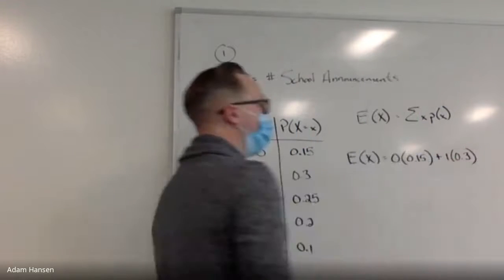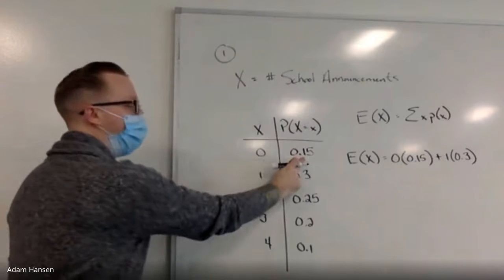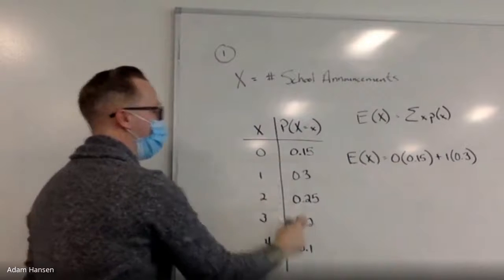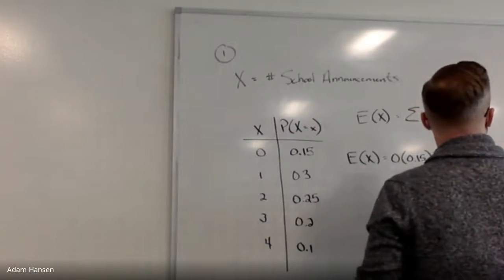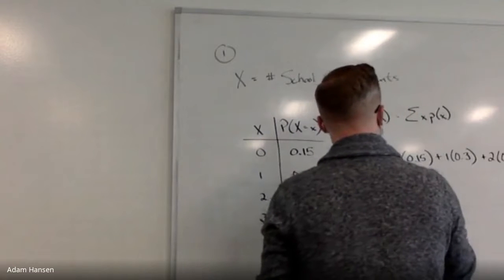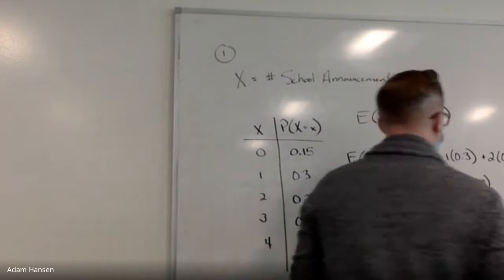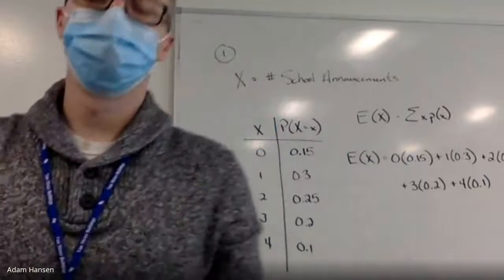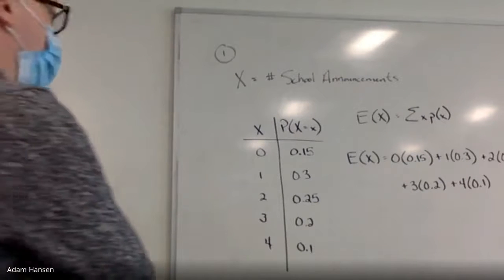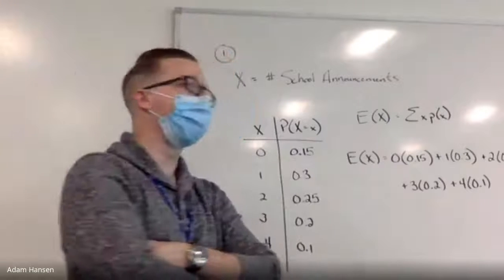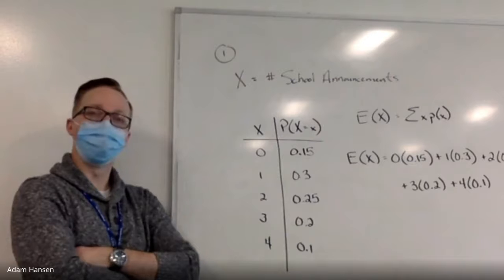It's the summation of each of these paired products between the outcome and its respective probability. 2 times a quarter. 3 times 0.2. And 4 times 10%. Type that into your calculator, and you'll have the average number of announcements per day at school.